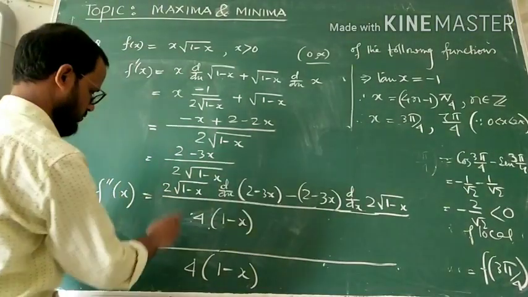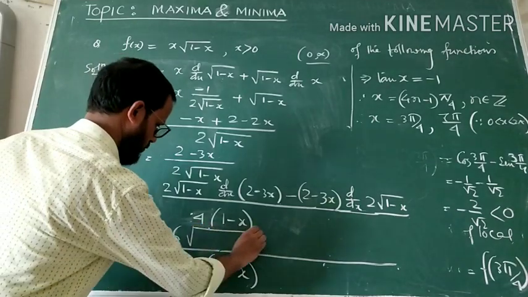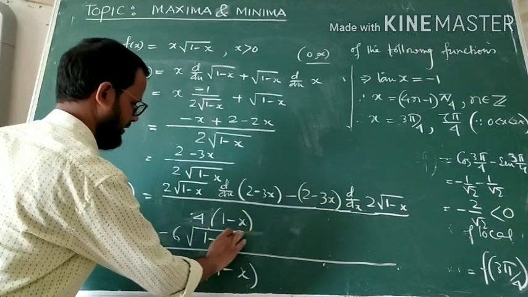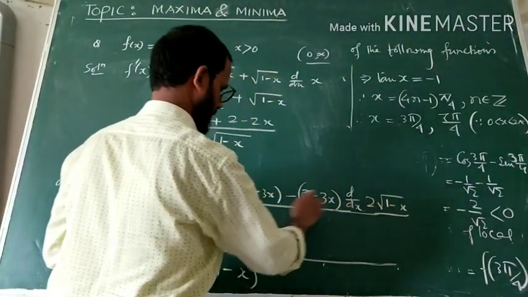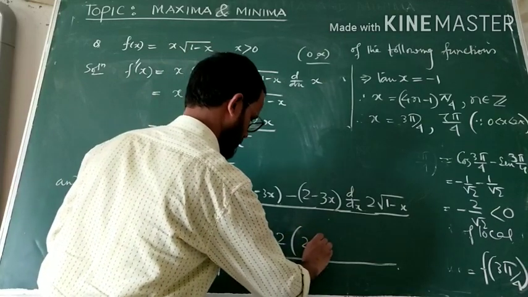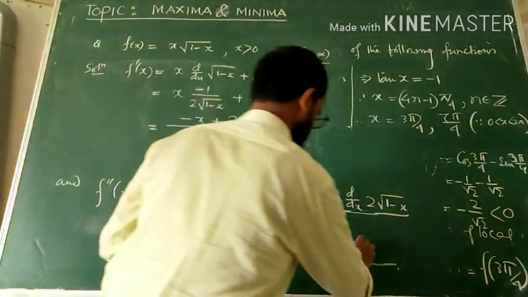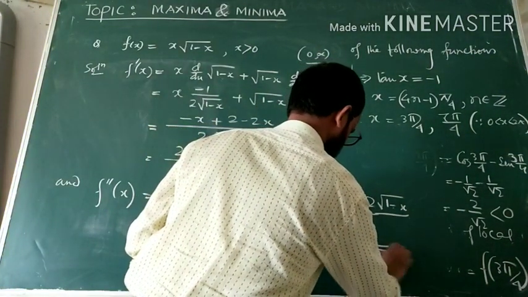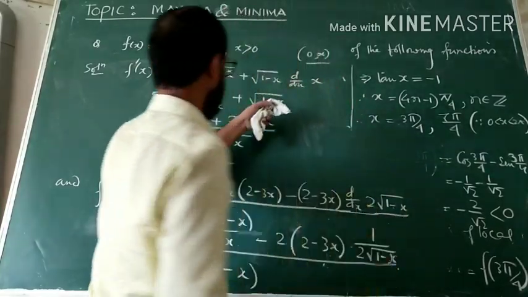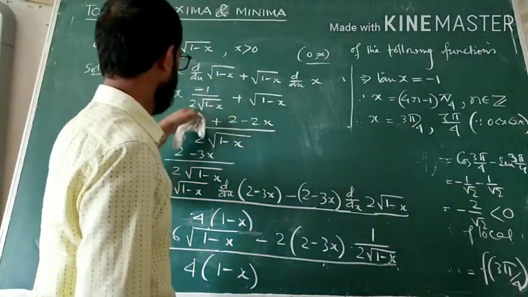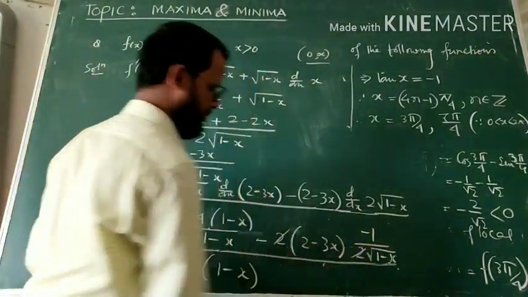So minus 3 into 2 is minus 6 into root over 1 minus x, minus 2 into 2 minus 3x, and the derivative of root over 1 minus x is 1 by 2 into root over 1 minus x, and again the derivative of 1 minus x is minus 1. Now this 2 and that 2 will be cancelled.